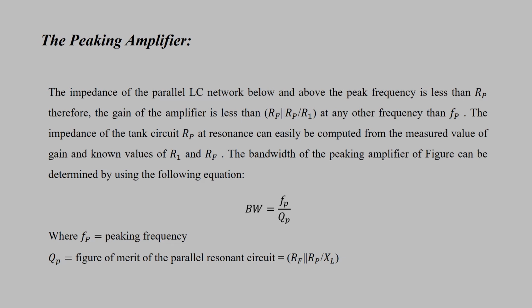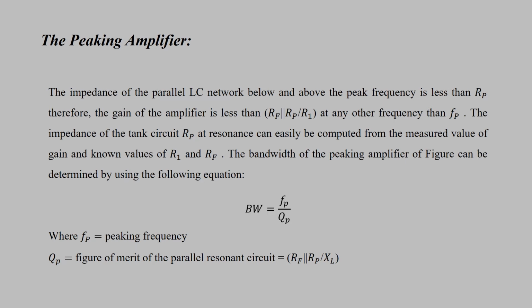The impedance of the parallel LC network below and above the peak frequency is less than Rp. Therefore, the gain of the amplifier is less than RF in parallel with Rp divided by R1 at any other frequency.